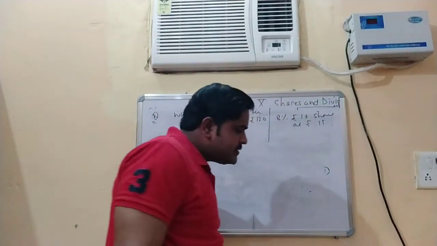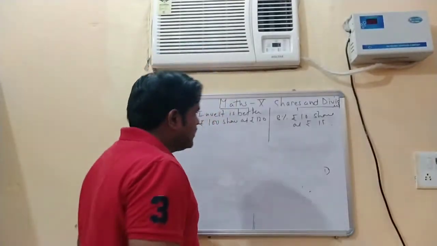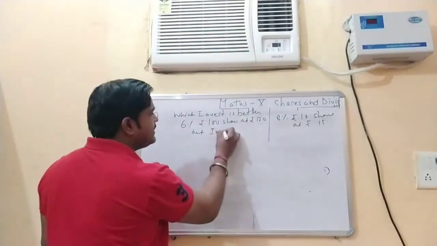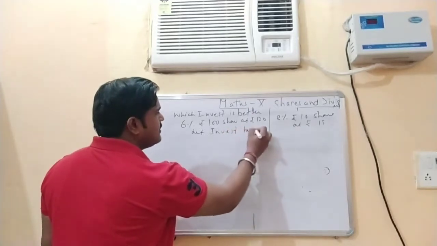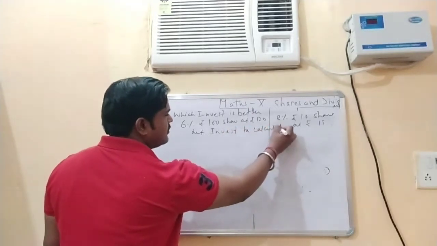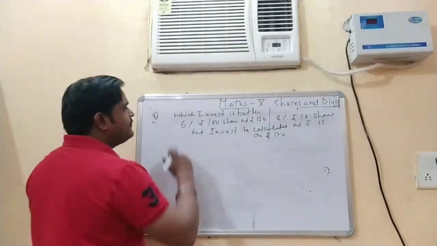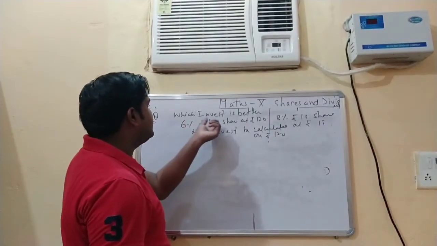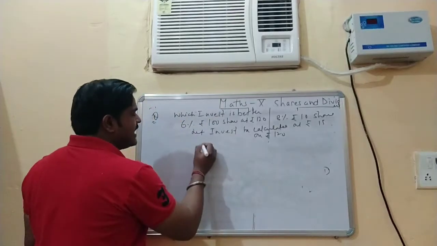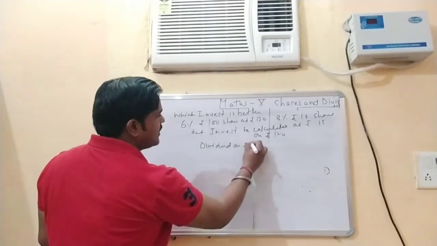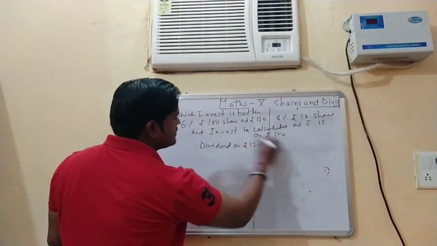So student, in this question what we have to do, first we'll let investment be calculated on rupees 120. So in the first case it is given 6%, rupees 100 a share. That means dividend on rupees 120 will be equal to rupees 6.